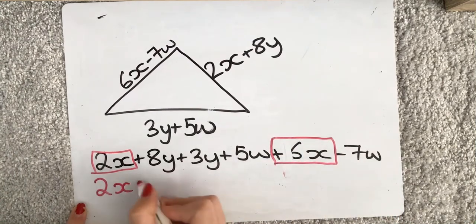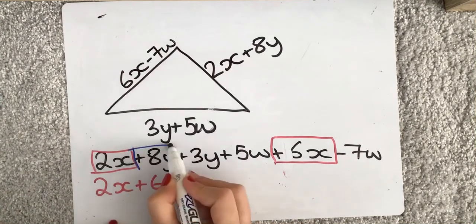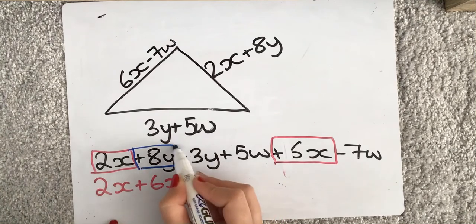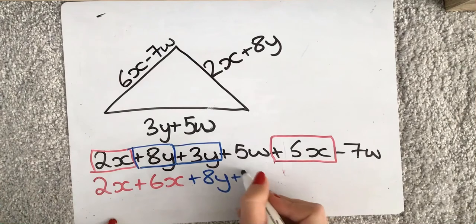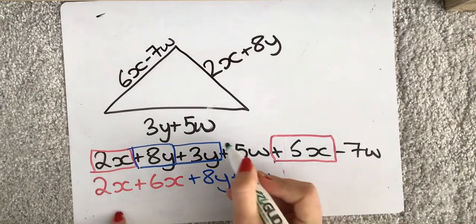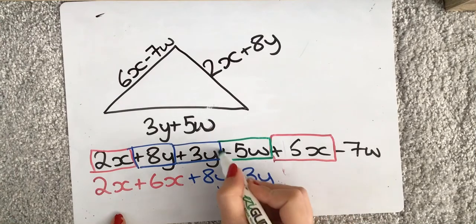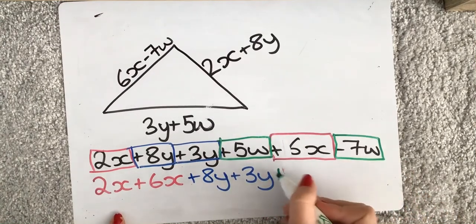So I've got 2x plus 6x. I've got 8y. And I'm adding 3y. And then I've got my 5w. And this time I'm taking away 7w.